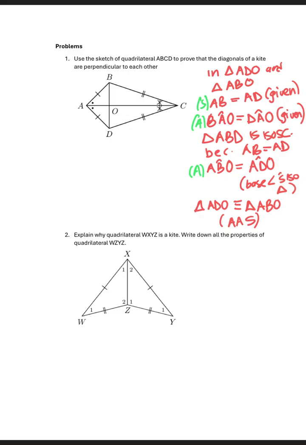Now, because the two triangles are congruent, we can say that angle AOD is equal to angle AOB.